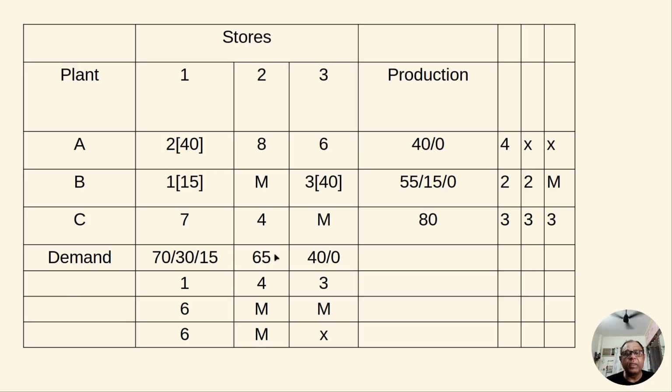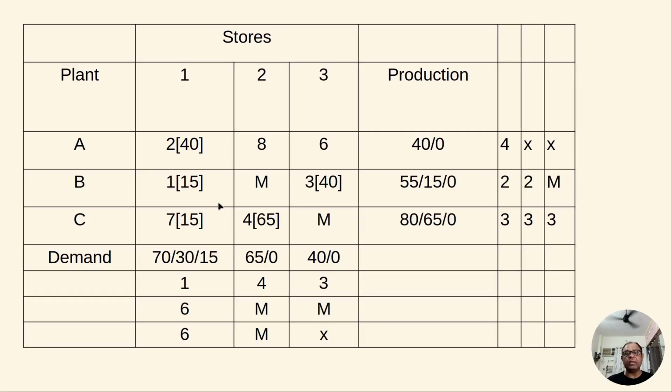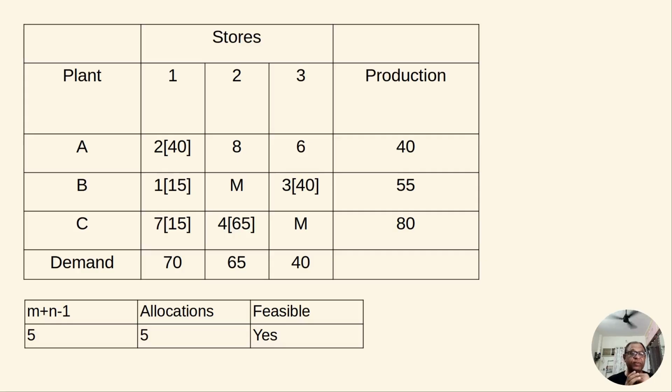So here, out of 80, 65 now will be allocated to store number 2, and 15, that is 80 minus 65, automatically gets allocated to store number 1. So we are done here. That's it. So this is our allocation. And is this feasible? Yes.